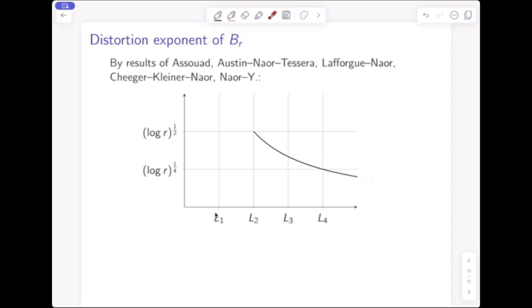If we increase p, we get Banach spaces that allow for bumpier maps, and so the distortion goes down. In the limit, when p goes to infinity, any metric space embeds isometrically in L infinity, and so we should expect to have no distortion at all.